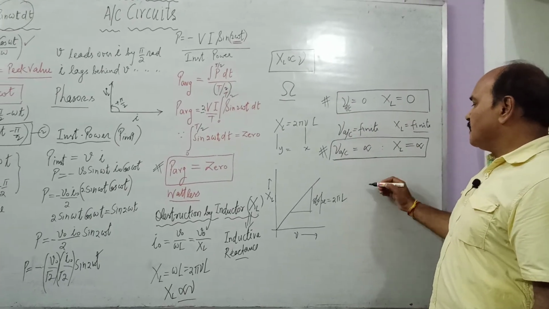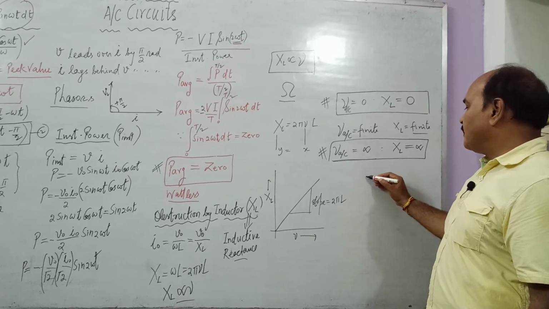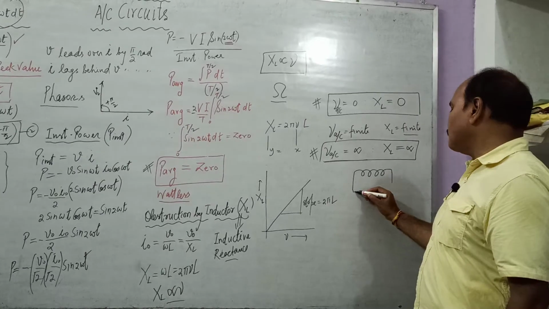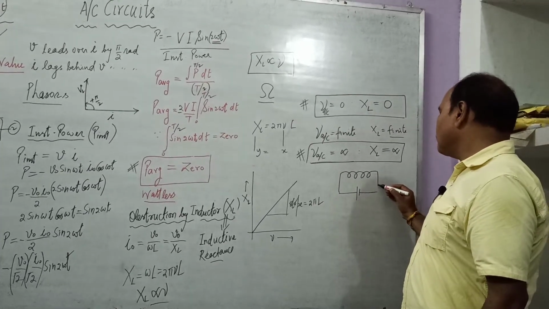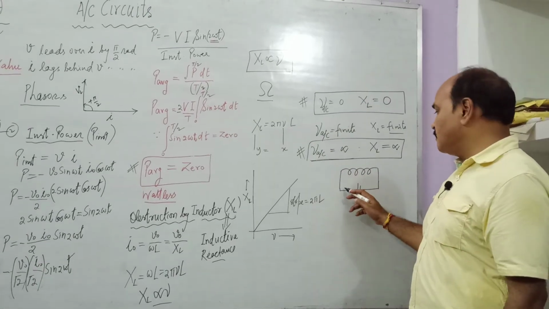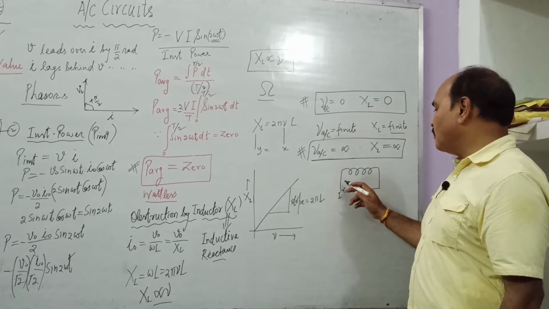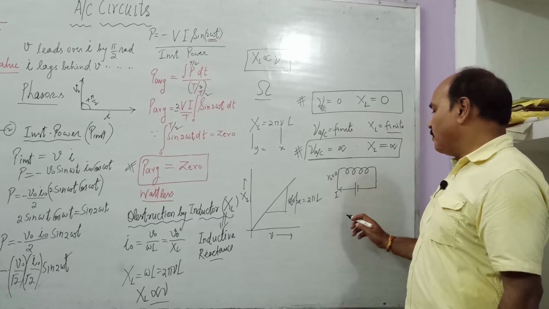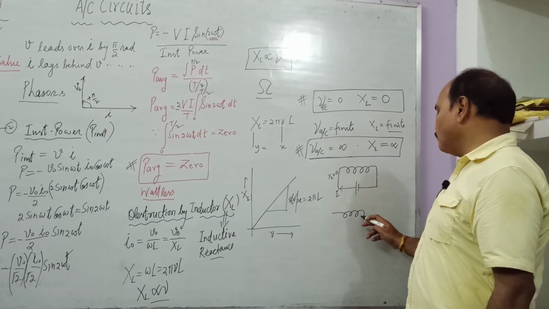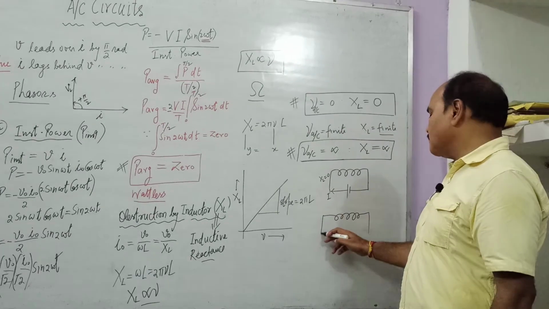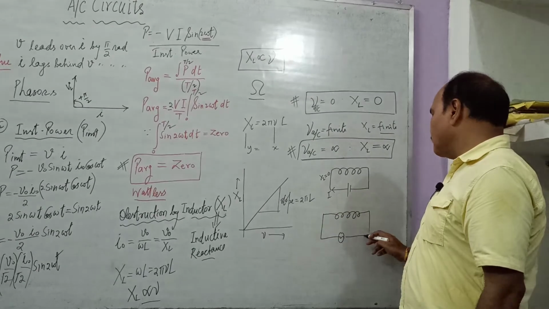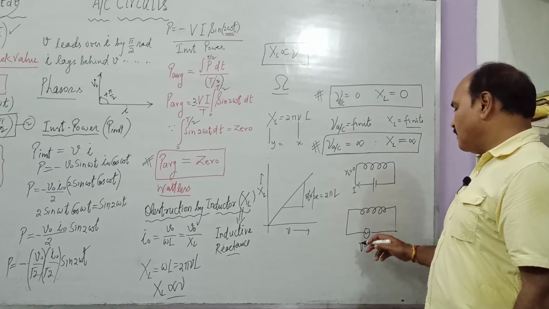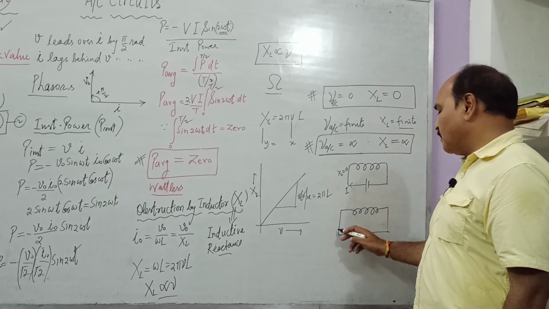What does this mean? This simply means when we connect inductor across DC source, there is no obstruction, there is huge value of current in the circuit. But when we connect AC source across inductor, and if the frequency of AC source is taken as infinite, in that case the obstruction is going to be infinite.